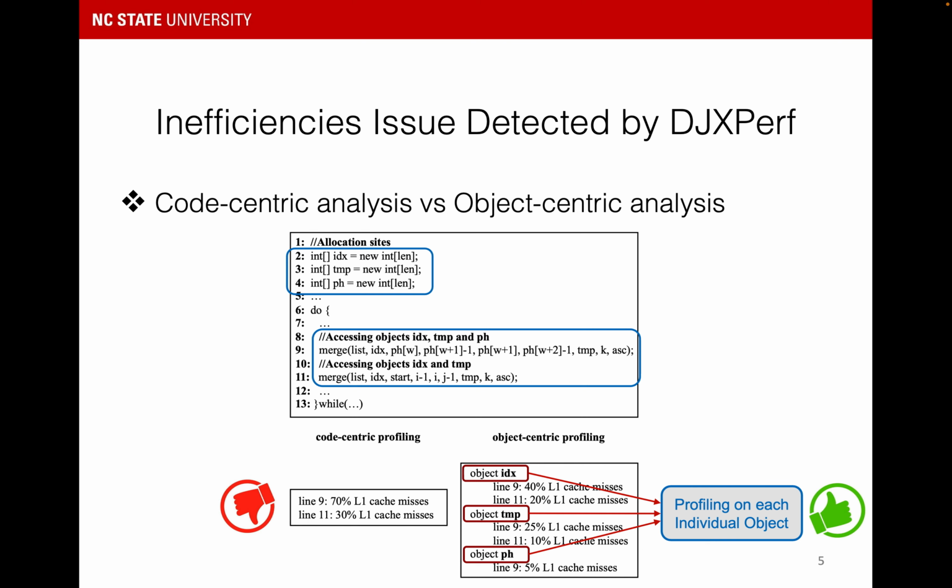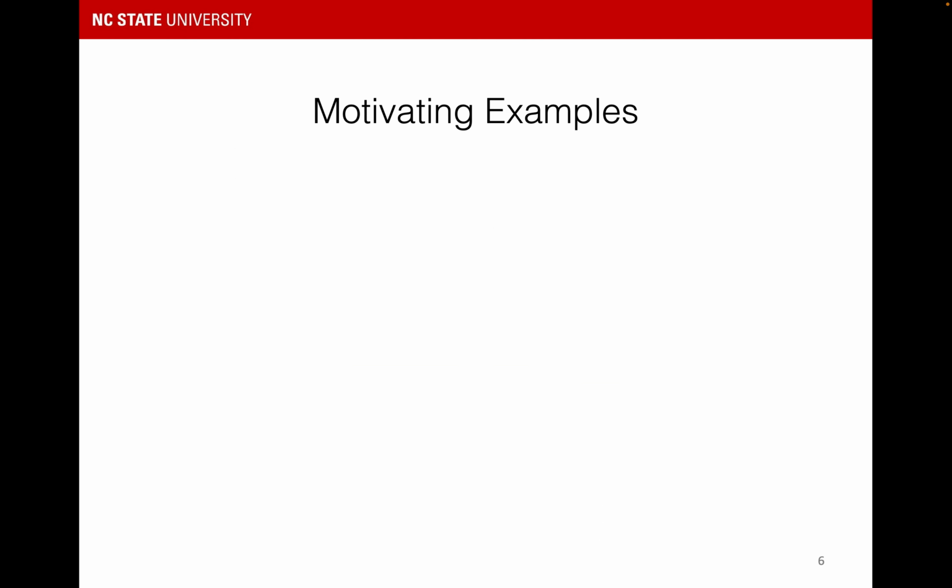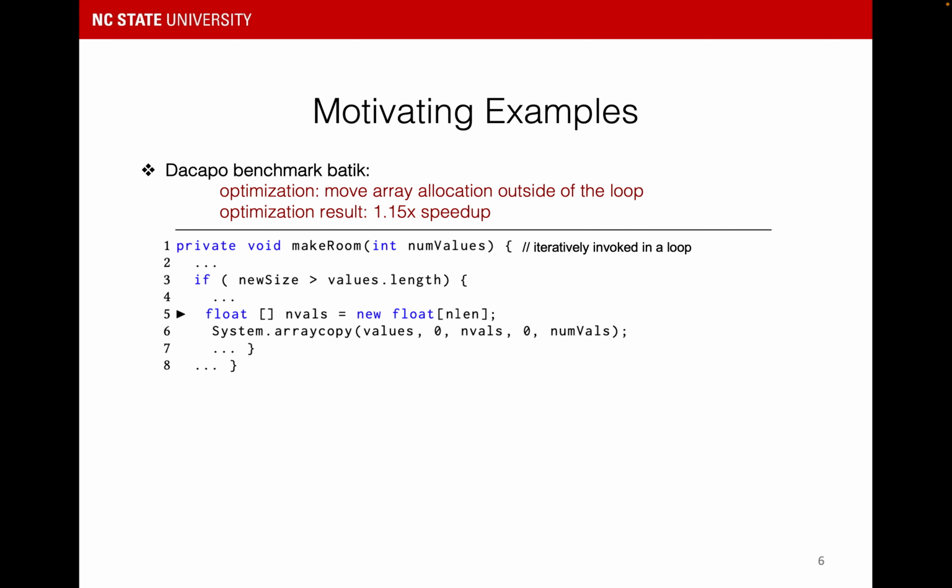So we would say that object-centric analysis can provide more profiling information than the code-centric analysis. Here is the motivation of combining object-level information and other metrics for locality optimization.